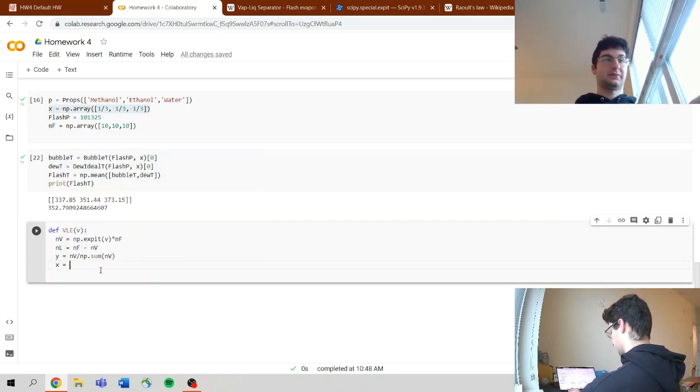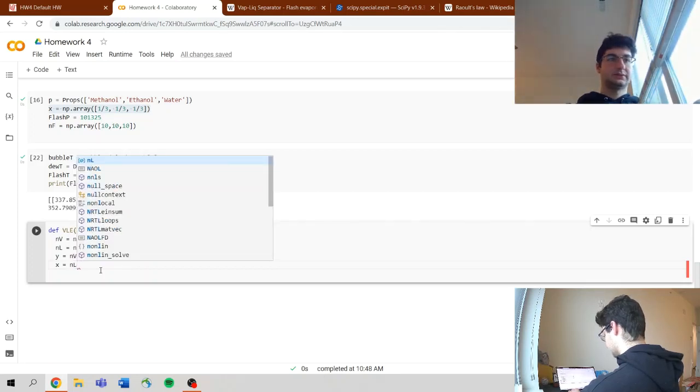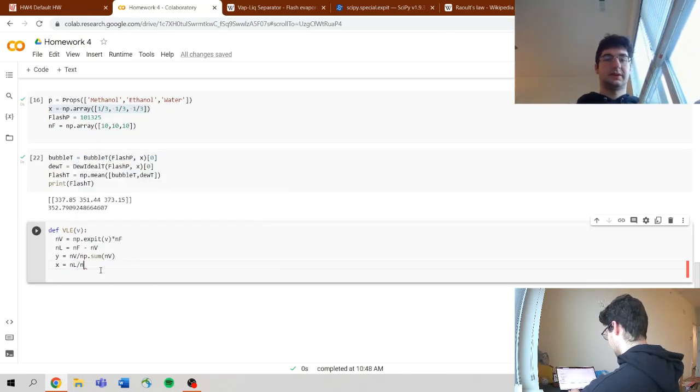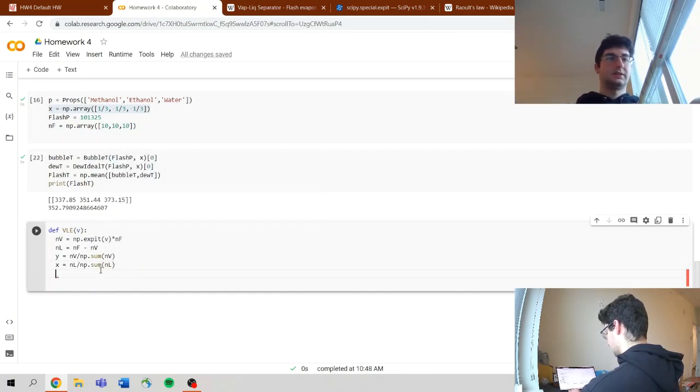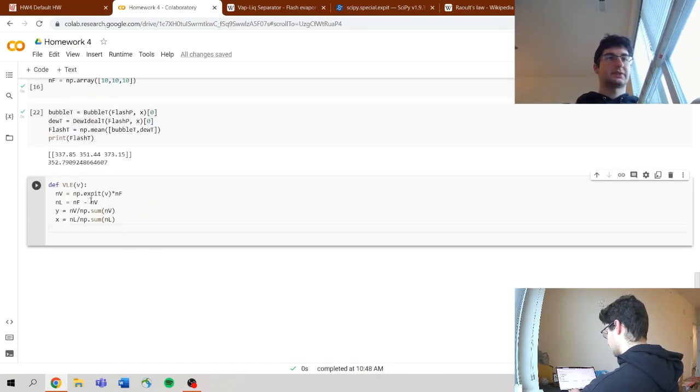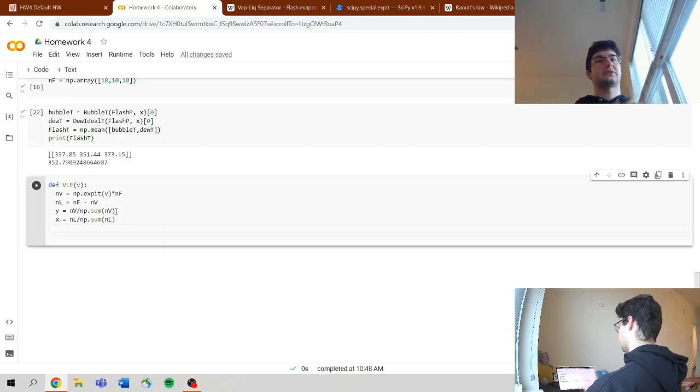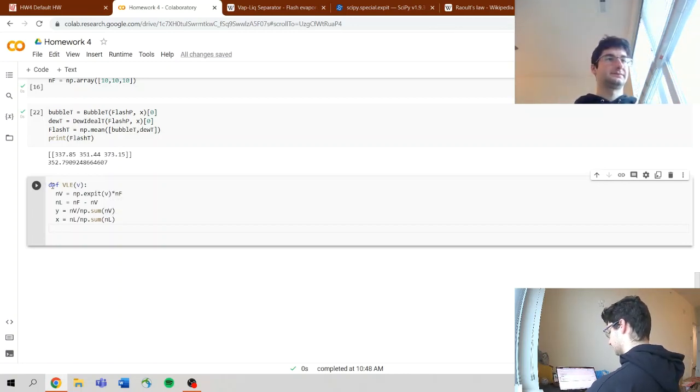And we'll do x the same way. So x will be NL divided by np.sum of NL. And this equation up here still works because there's 10 moles of each component, so they have to be distributed between the vapor and the liquid.